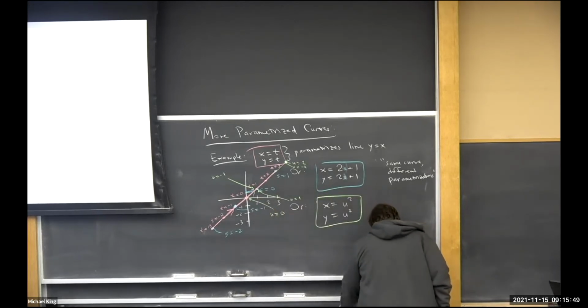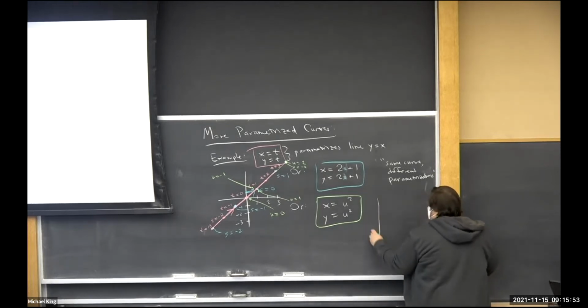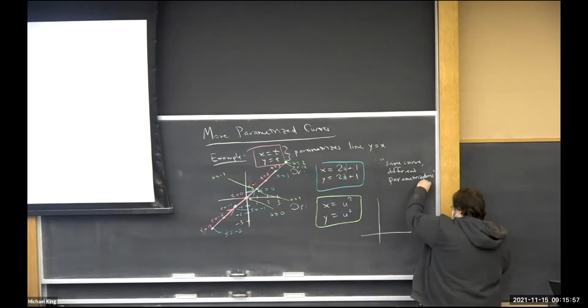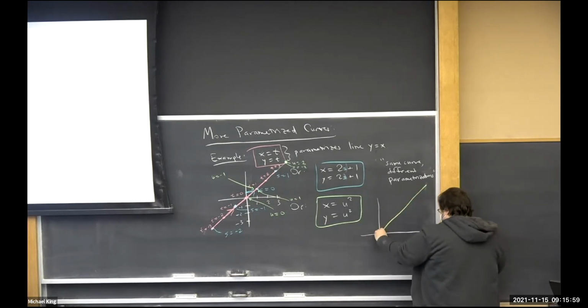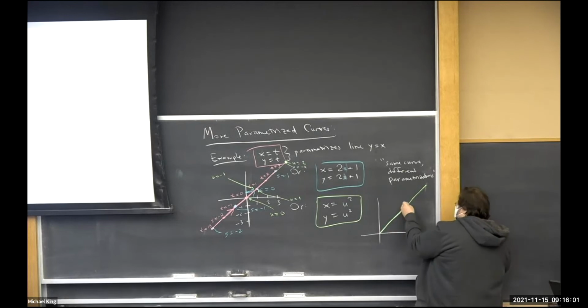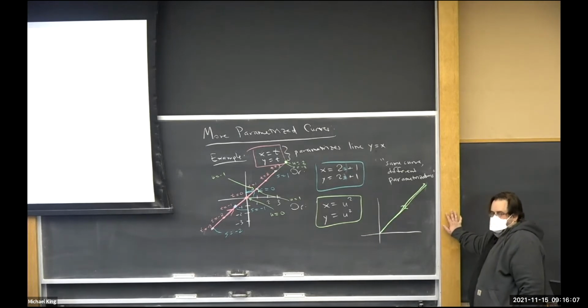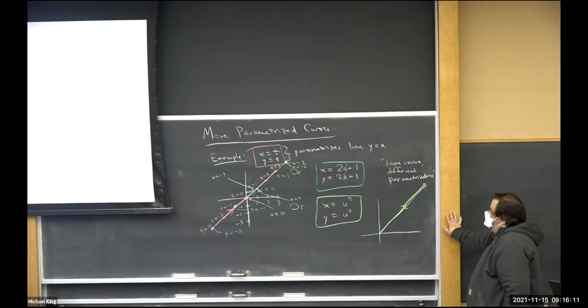The green one's a little weirder, right? Maybe I should draw it again over here. It's actually going really fast and then it slows down and then it goes back this way, right? So if you're just increasing u. Does that make sense? And notice it also doesn't trace the entire line, right?